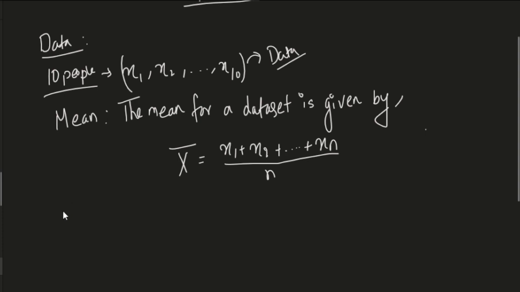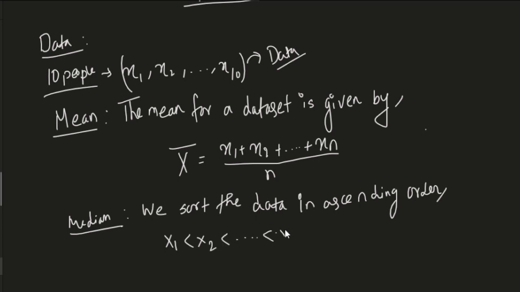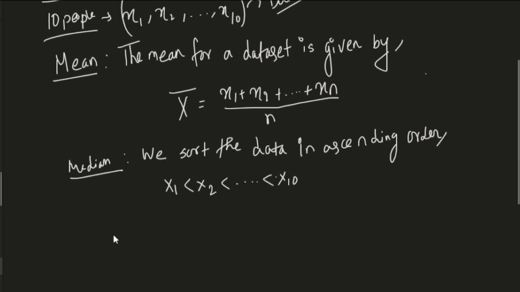Similarly, the median, so if this is the mean, the median is given by, and after we are done sorting the data in ascending order, what we need to see is the middle points.